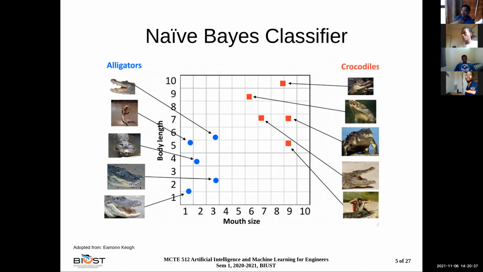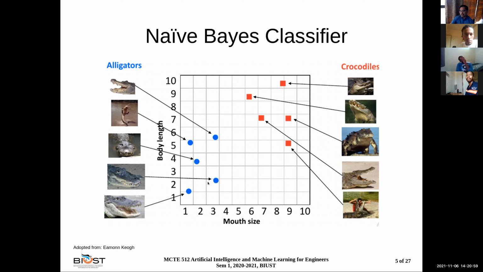The width is around 3 inches here in the front, or 1 inch is small. I don't know what the unit is here, but anyway, alligators have a smaller mouth and crocodiles have a much bigger mouth.